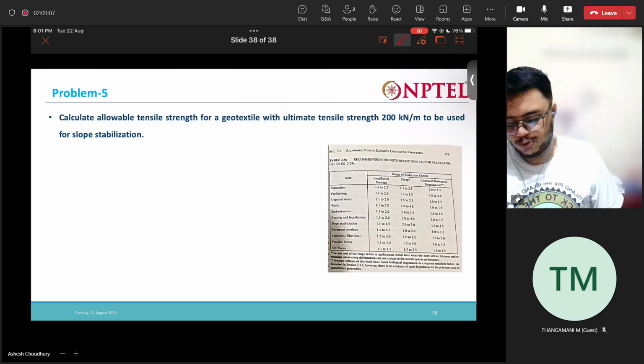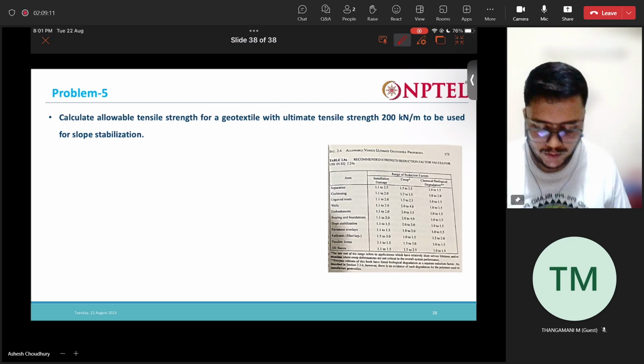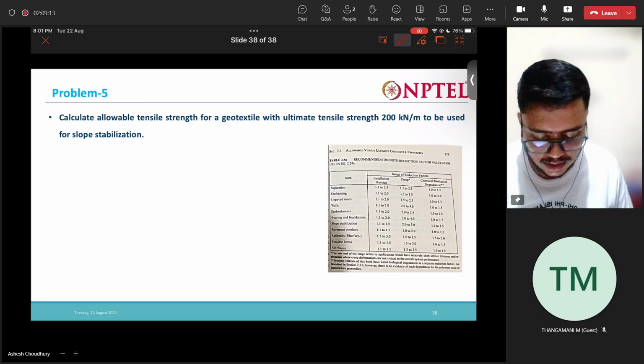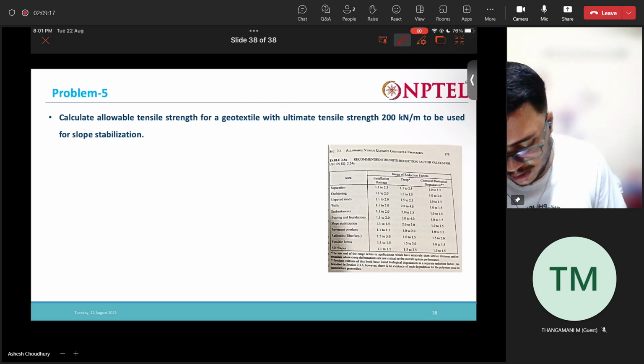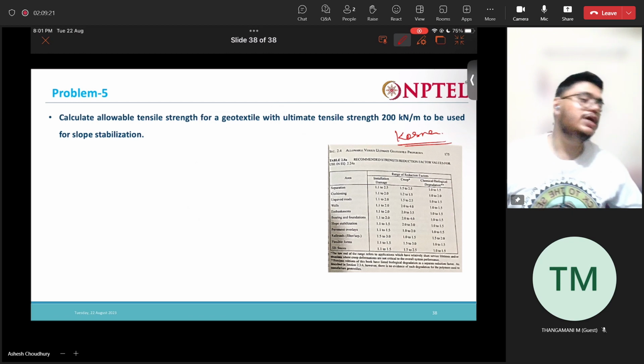Now, next we have this: calculate the allowable tensile strength for a geotextile with ultimate tensile strength 200 kN per meter to be used for slope stabilization. This is given by Koerner in his book Designing with Geosynthetics.